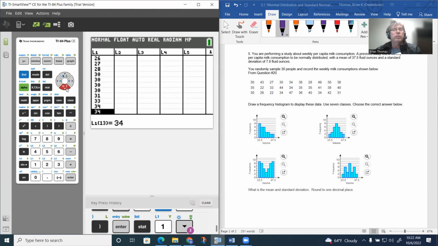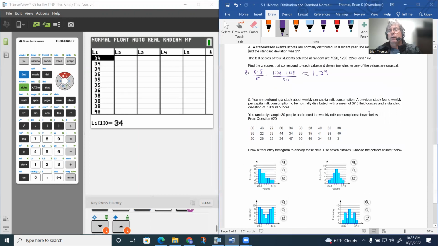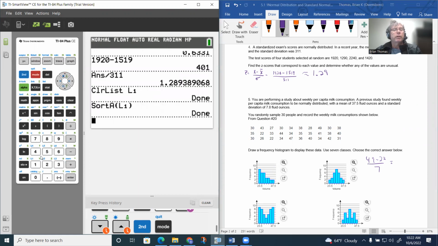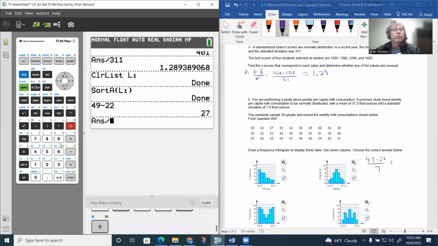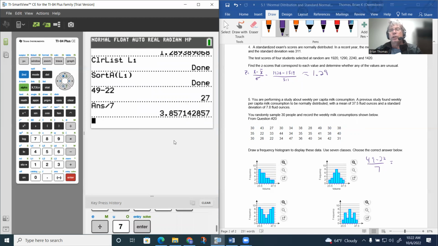The minimum value is 22 and the maximum value is 49. So if we have 49 minus 22 divided by 7, let's see what kind of scale they want us to have for our graph. We get 3.85, which is really closer to 4. So what they're saying is our class width should be more like 4.